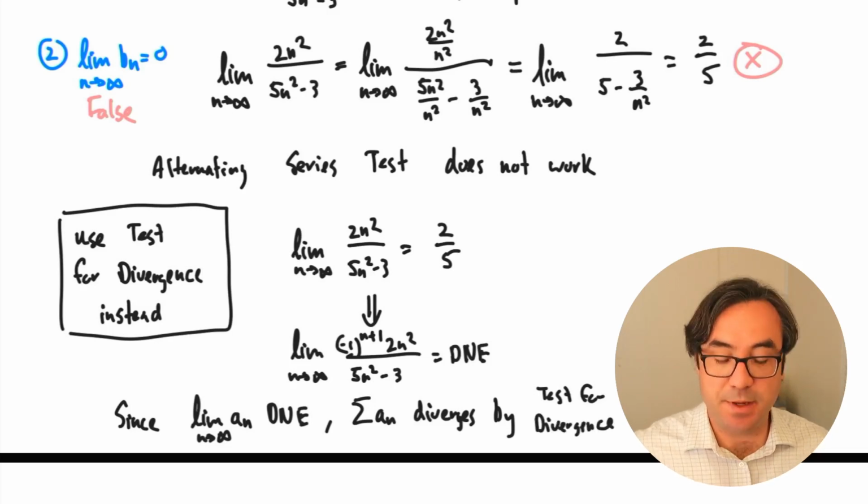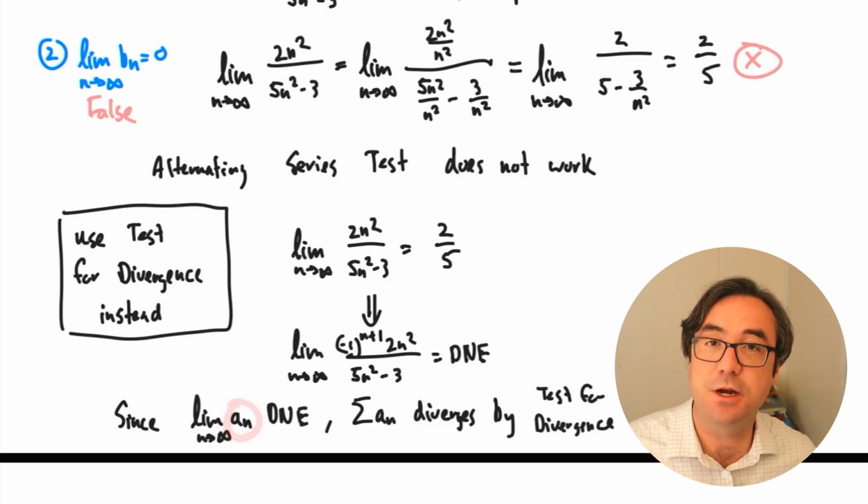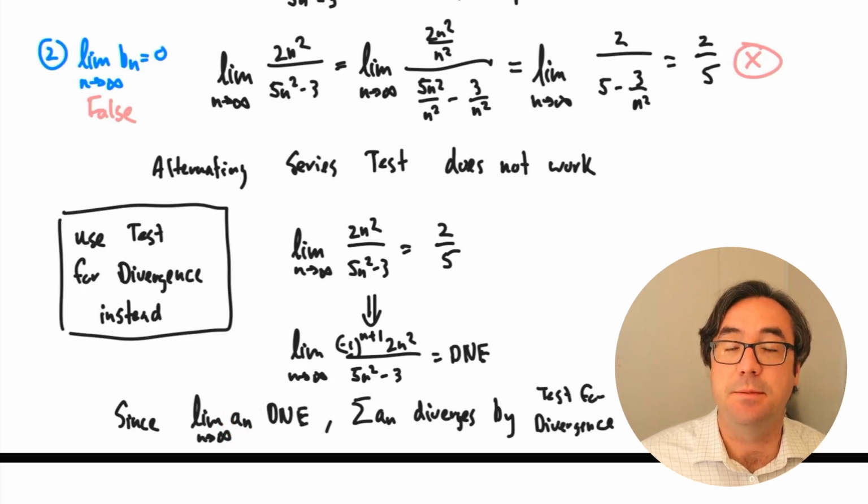So since the limit of the terms in our original series does not exist, well then the series sigma an diverges by that test for divergence.